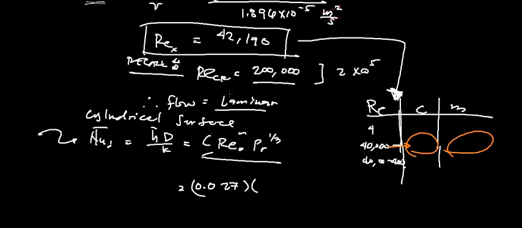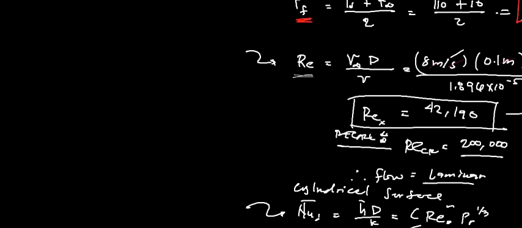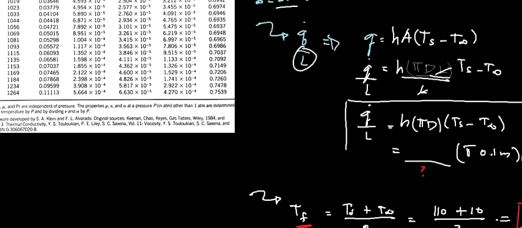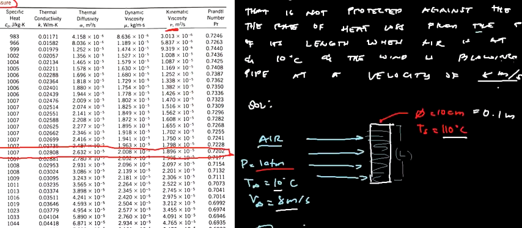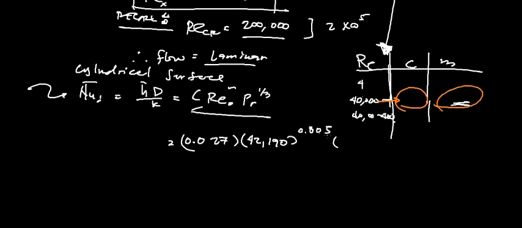And then our Re is 42,190 raised to m, where m is 0.805, and then multiplied by Pr, which can also be found here in the table. Pr is 0.7202.